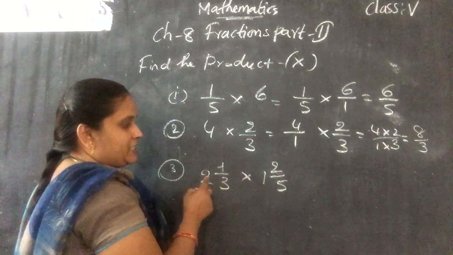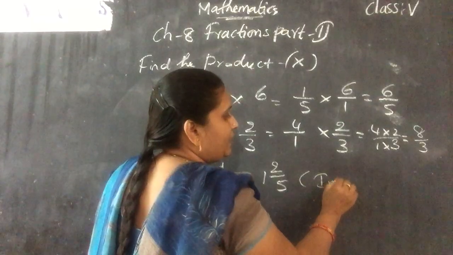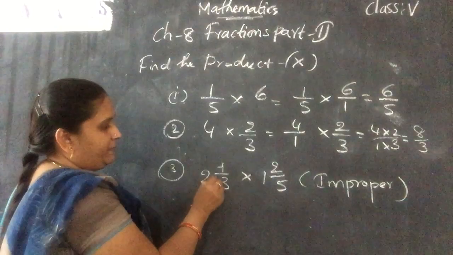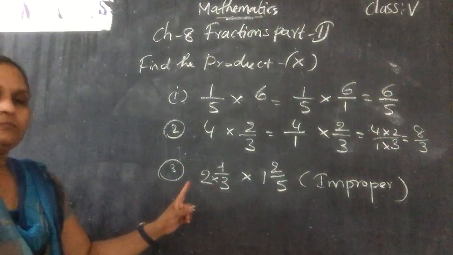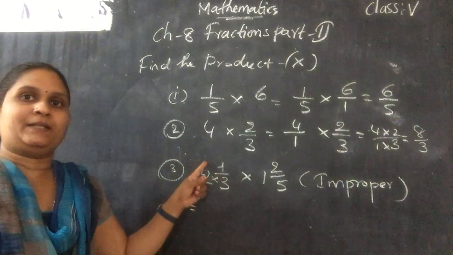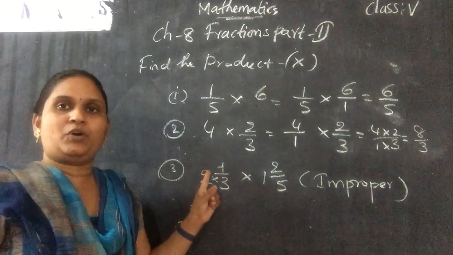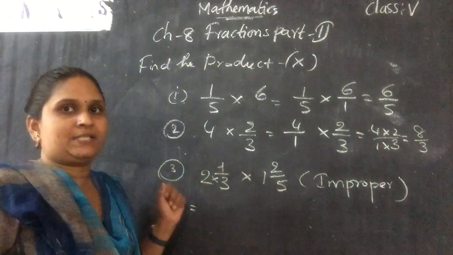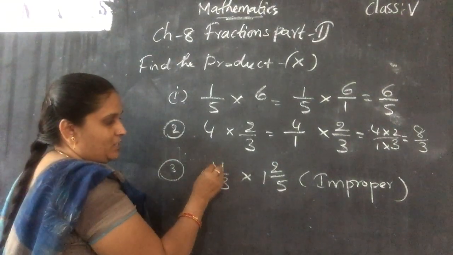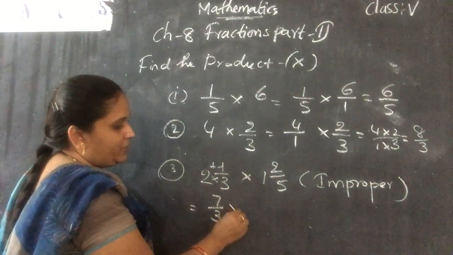First, change the mixed fractions into improper fractions. The whole number has to be multiplied with the denominator and the product added to the numerator, and when writing in fraction form the denominator does not change. For example, 3 2s are 6, 6 plus 1 is 7, 7 by the denominator 3, so 3 only.